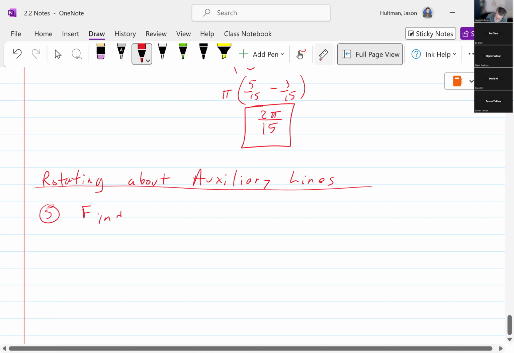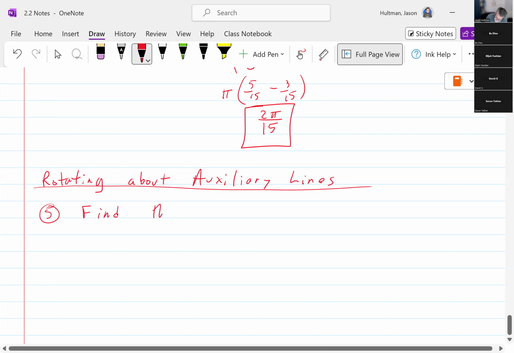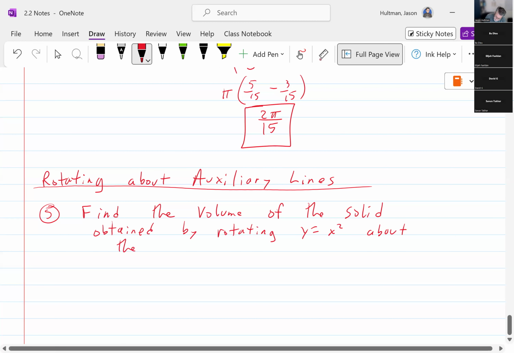Number 5: find the volume of the solid obtained by rotating y equals x squared about the line y equals 1.